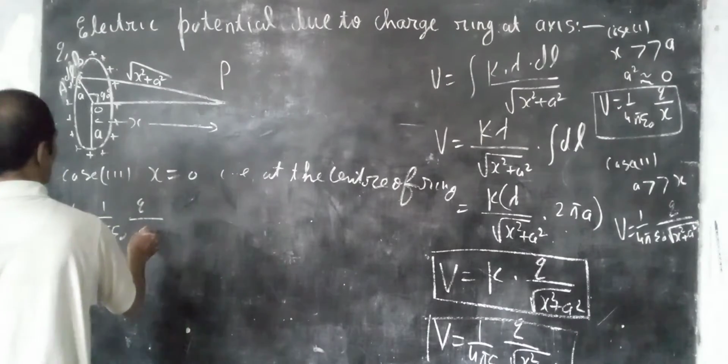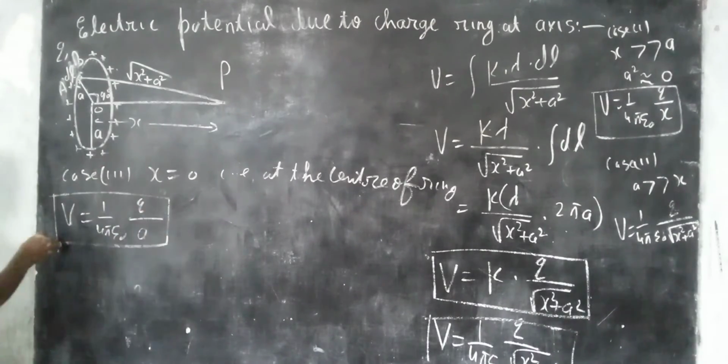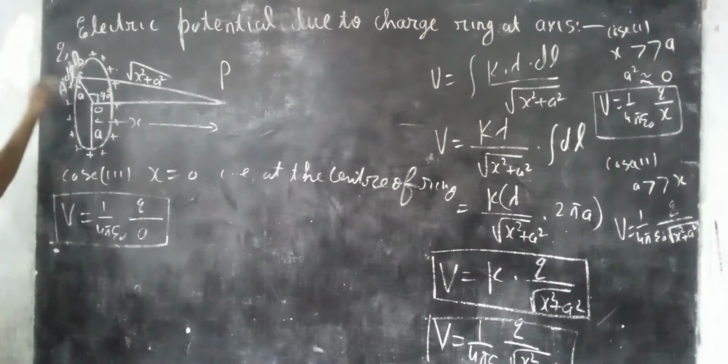So the potential at the center of the ring is the same as the potential at the circumference.